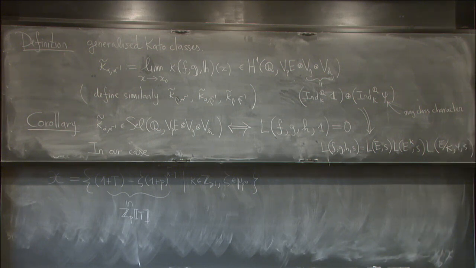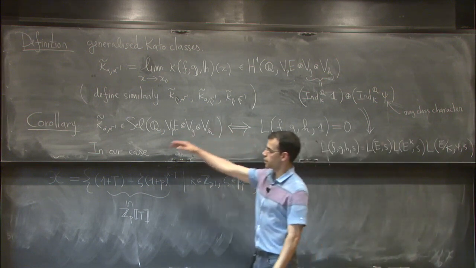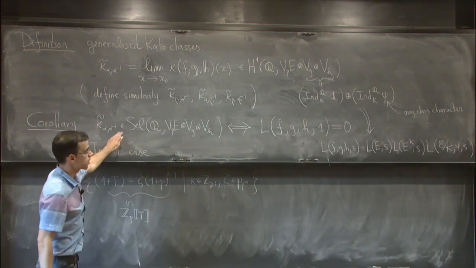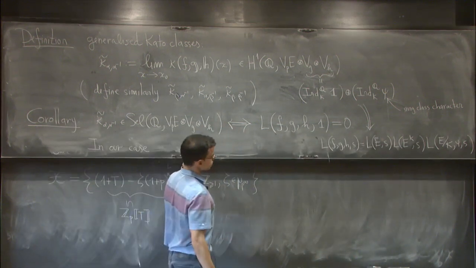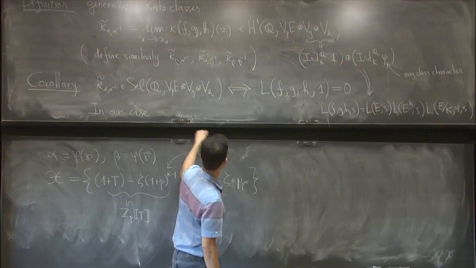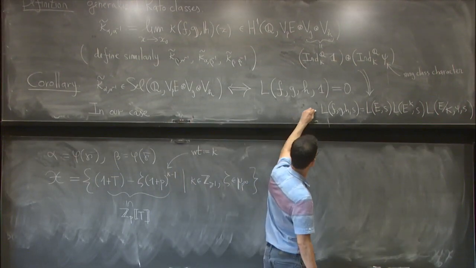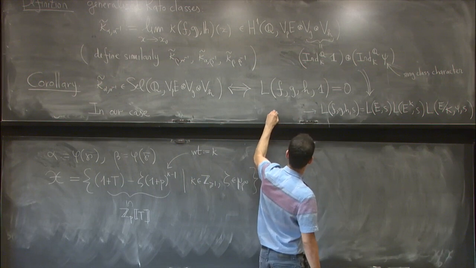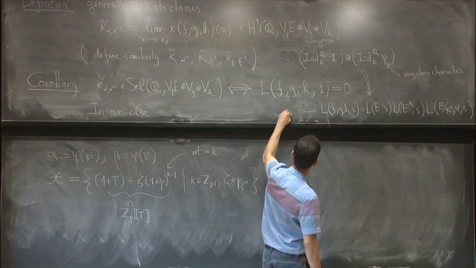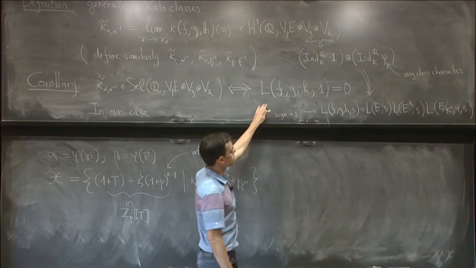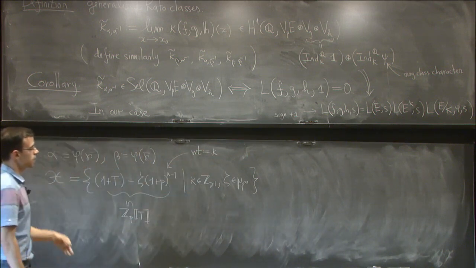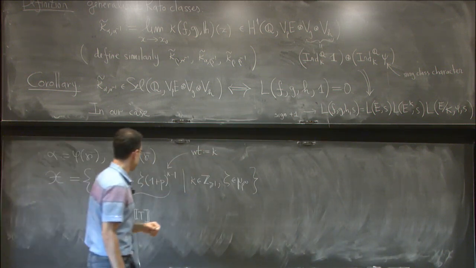Okay, so as a corollary of this theorem, we know when these classes are Selmer, and an important thing to note is that this L series will have sign +1. So if this L function vanishes at 0, in fact, it vanishes to order at least 2 at s equal to 1.